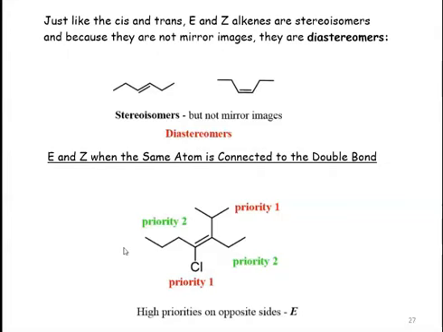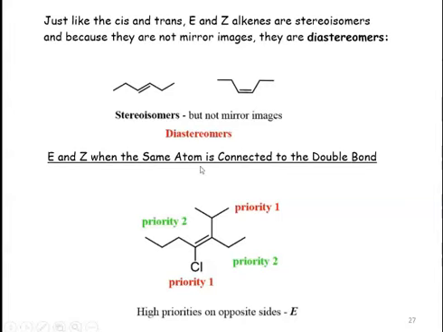Now, what is the main point about these EZ alkenes? Because they are not mirror images, they are called diastereomers. E and Z alkenes cannot be mirror images of each other. Hence, they are called diastereomers.